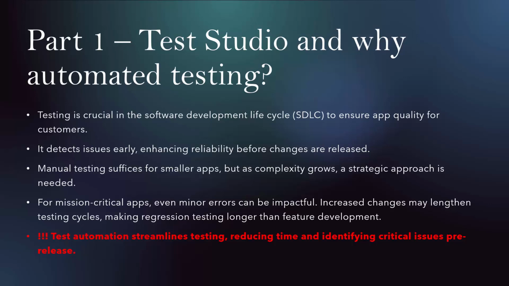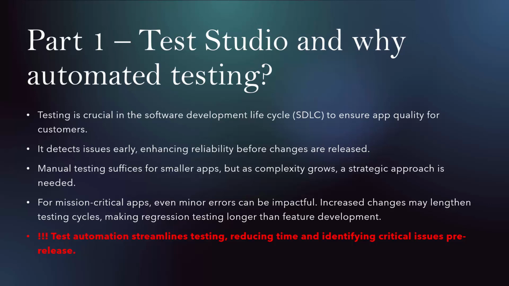Manual testing might suffice for most of the smaller apps, but as the complexity grows, it's more strategic to have automated testing in place. For mission critical apps, these minor problems might also be of great impact.